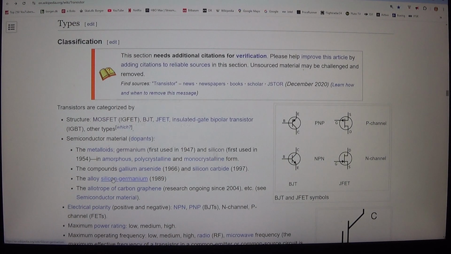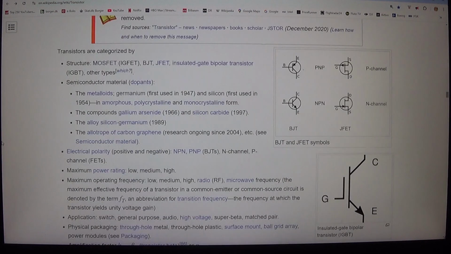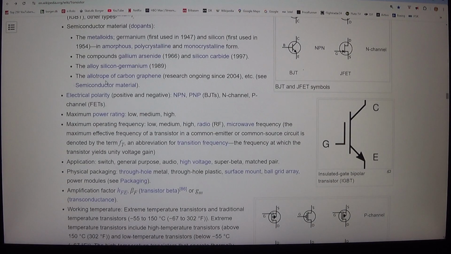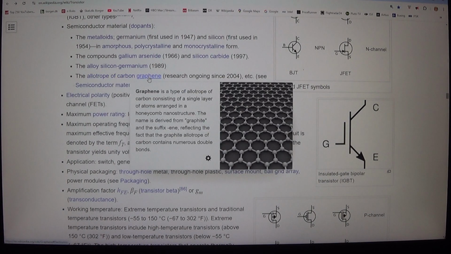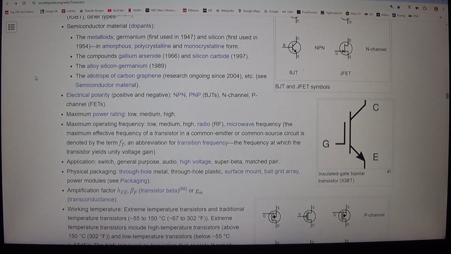The compounds gallium arsenide, 1966, and silicon carbide, 1997. 3. The alloy silicon-germanium, 1989. 4. The allotrope of carbon graphene, research ongoing since 2004, etc.